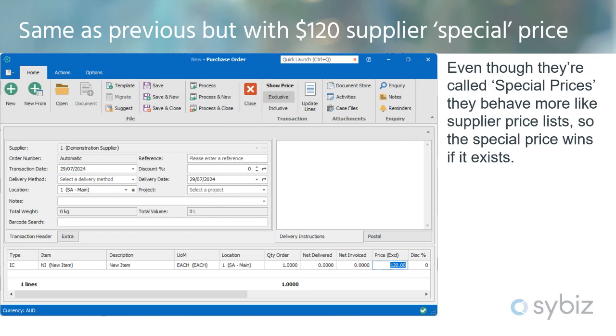And yeah, just I guess carrying on from that previous example, this is where the supplier pricing really comes in.